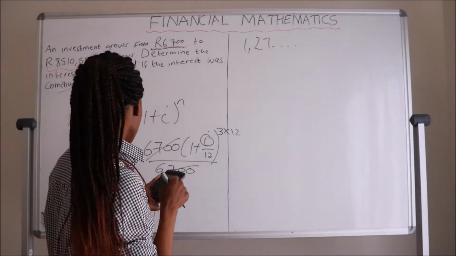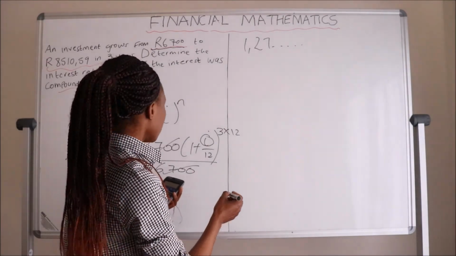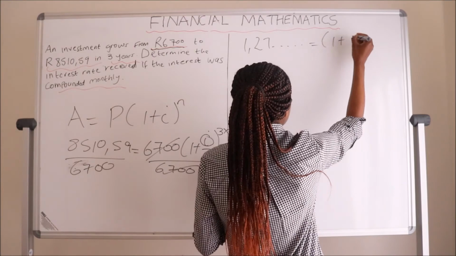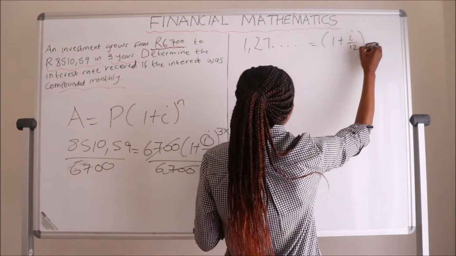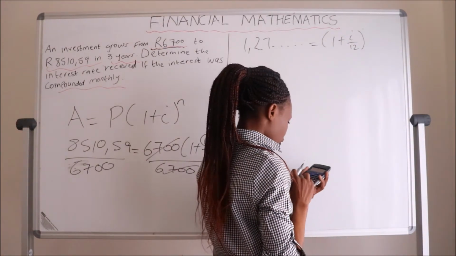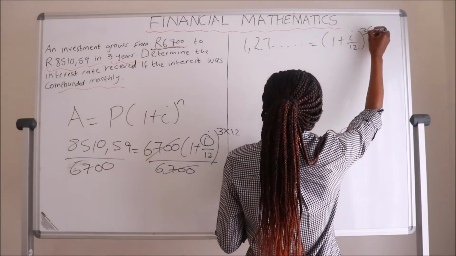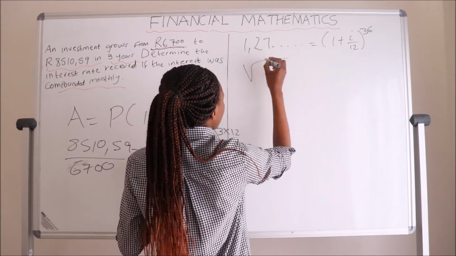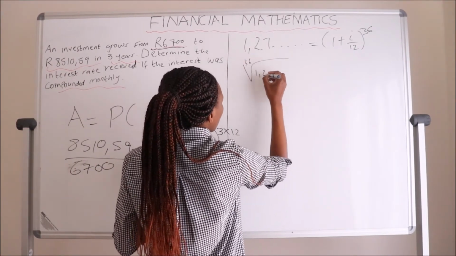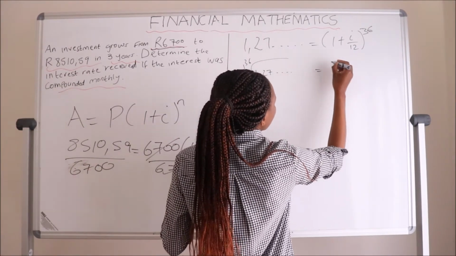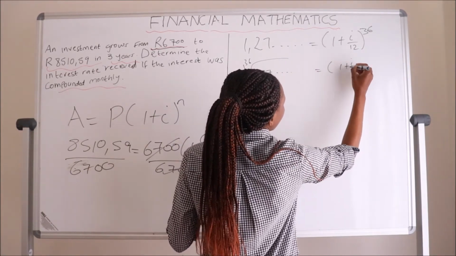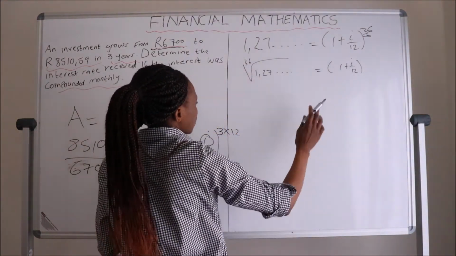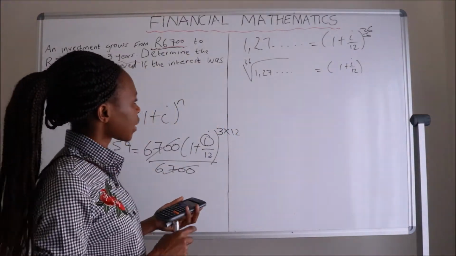So here we have one, and then after that we're going to have 1 plus i divided by 12, multiplied by 3, multiplied by 12. It will actually give us 36. Alright, then we just have to introduce the 36th root of 1.27, which is equal to 1 plus i over 12, of which if we introduce the 36th root, it will be just left as 1 plus i divided by 12.